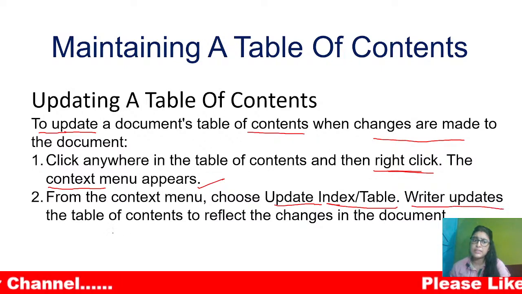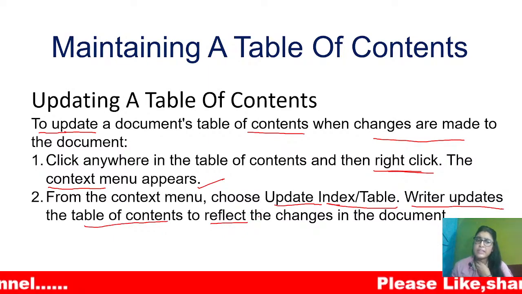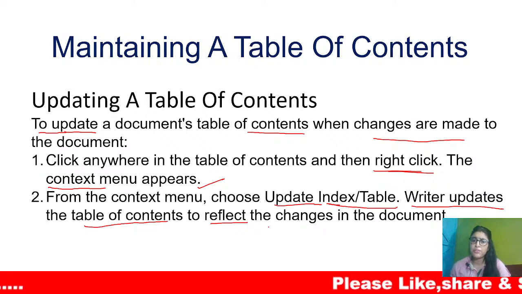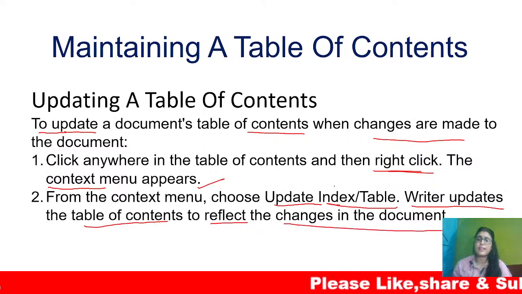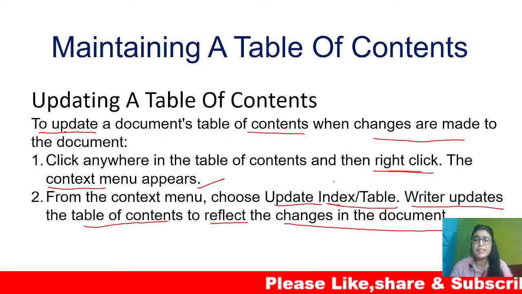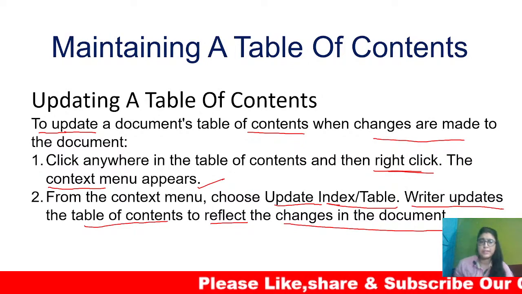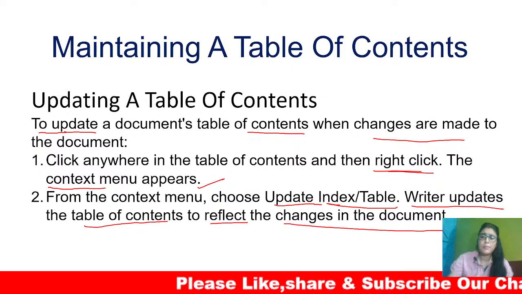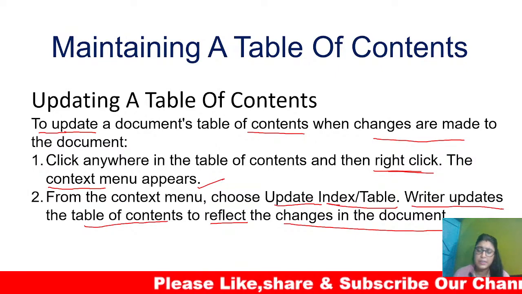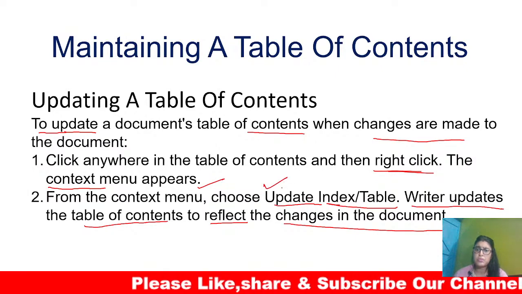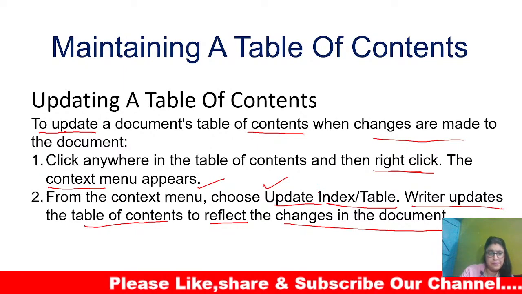Writer updates the table of contents to reflect the changes made inside the main document. So whenever we choose Update Index/Table, it automatically updates the table of content as per the main document, right? That's it. You just have to choose Update Index or Update Table. Clear?